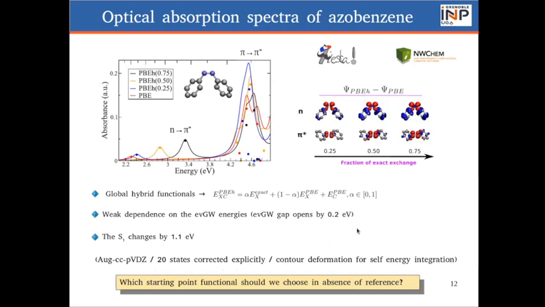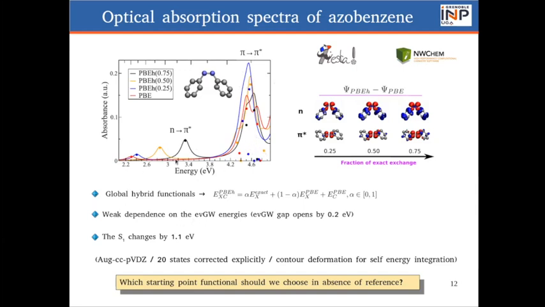So okay. Coming to the results, the first thing that we did was to compute the optical absorption spectrum of azobenzenes. We computed this using global hybrid functionals by changing the amount of exact exchange from 0 to 27%. The first thing that we noticed is that there is a huge dependence of the first excitation, the n pi star excitation, while the pi pi star excitation is rather constant.